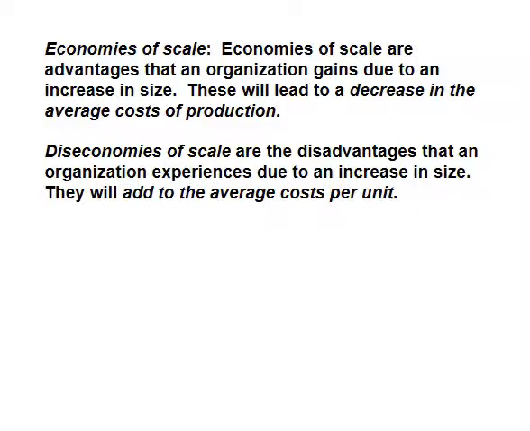As you get bigger, there are going to be disadvantages because your average costs begin to rise. Diseconomies of scale can happen when a firm becomes so large that you have a breakdown in communication, management of all the different operations becomes problematic, and you actually start to see an increase in average costs as you produce more and more.